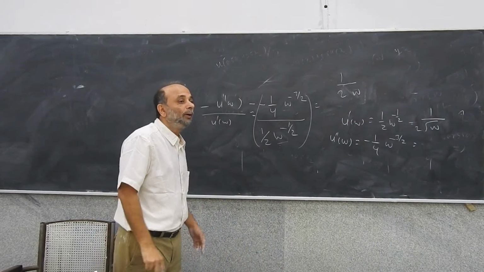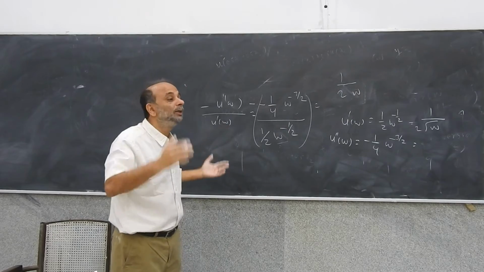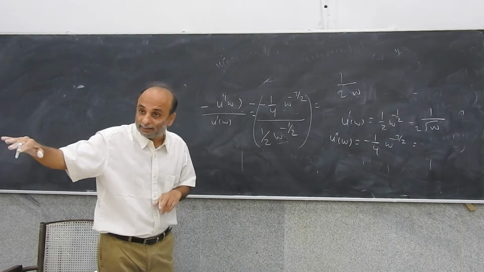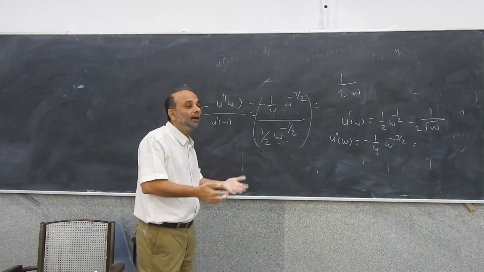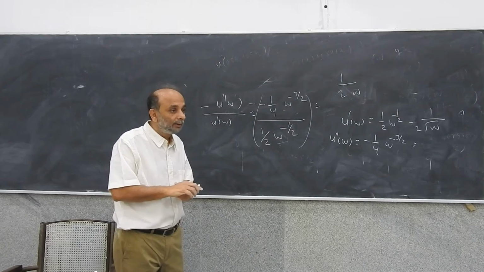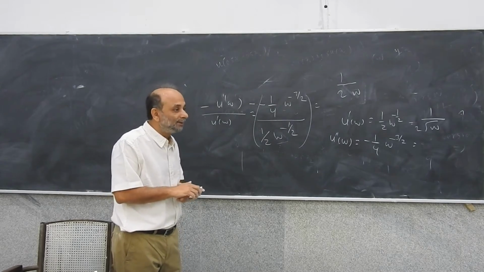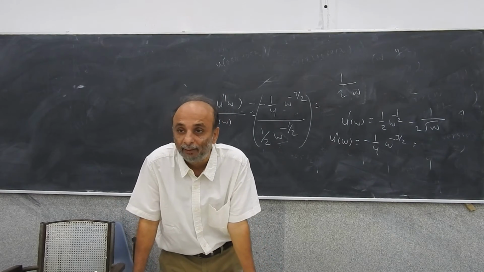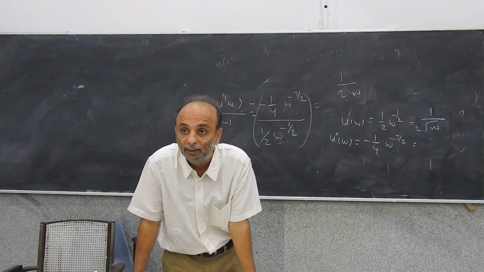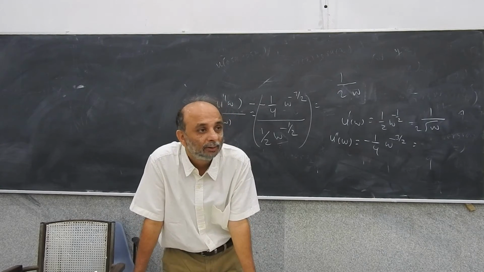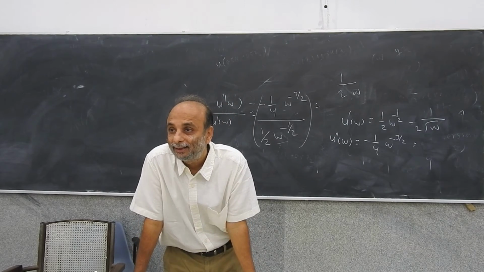Sure? So what is this? This is actually this person's risk aversion, right? So as W increases, this person becomes less and less risk averse. So 1 upon root W is the absolute measure of risk aversion, right? So if W is equal to 10, what will be this person's risk aversion? 1 upon 20, right?